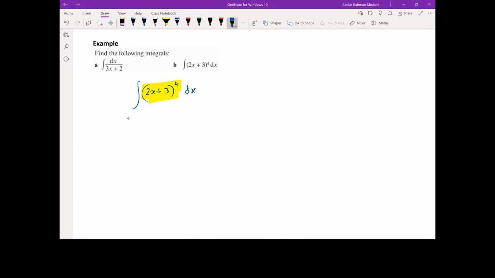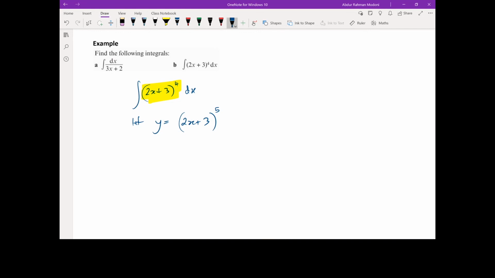So let's start by writing let y equal 2x plus 3, but I'm going to increase that power of 4 to 5, because when I differentiate this y function using the chain rule, I would reduce that power from 5 to 4 to get to that. So I asked myself, what would have differentiated? And if I see something that has a bracket with a power on it, I would then increase the power, because when I differentiate this, I would need to reduce the power to get to that.